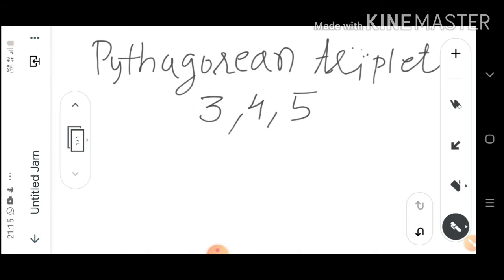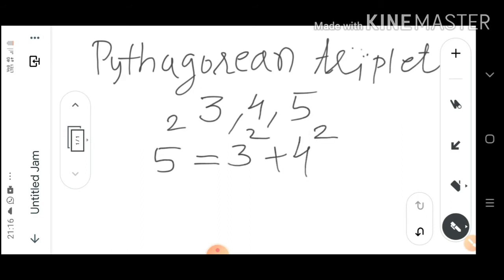And we can say according to the triplet that the square of the largest number is equal to the sum of the squares of the remaining 2 numbers. Let us see. That means 5 square is equal to square of 3 plus square of 4.